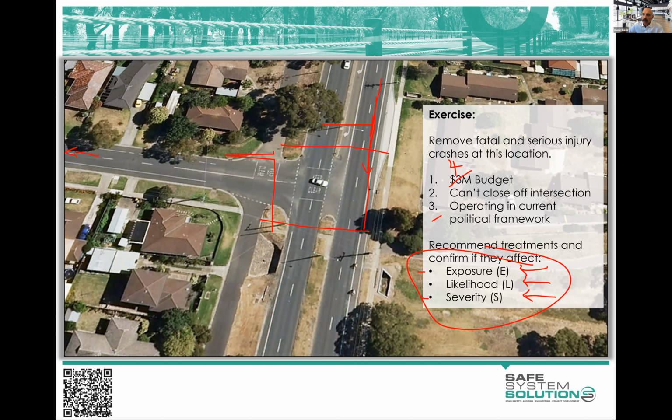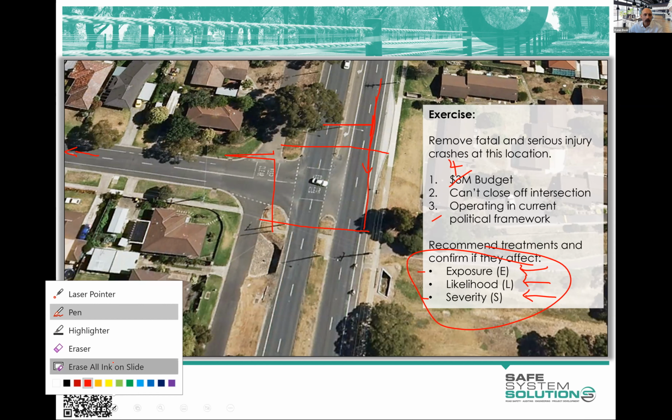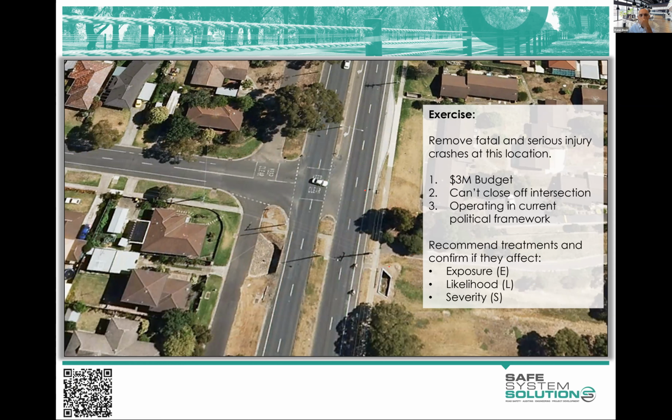So then some people, I think, wanted to look at roundabouts. And I like that idea that people are looking at roundabouts. Nobody asked me the cost of a roundabout, and that becomes a very interesting one. The cost of a roundabout at this location is $7.9 million. It's outside the budget. And that's a roundabout to conform with the Austroads Guide to Road Design Part 4B.